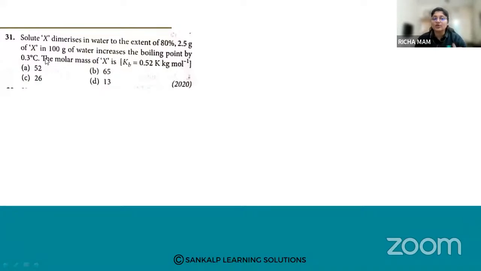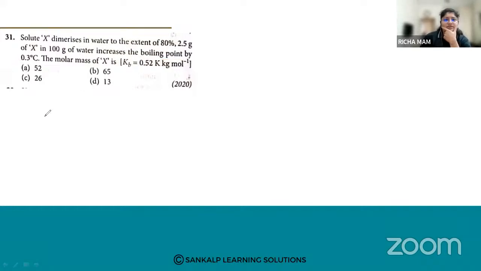We have solved a similar problem earlier, where the solute was tetramerizing. Here it is dimerizing, and we are studying the increase in boiling point. There it was a decrease in freezing point, right?